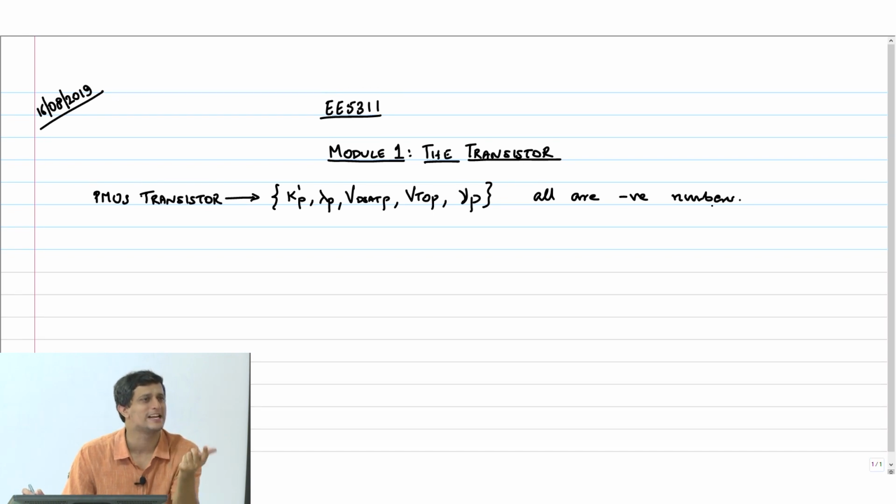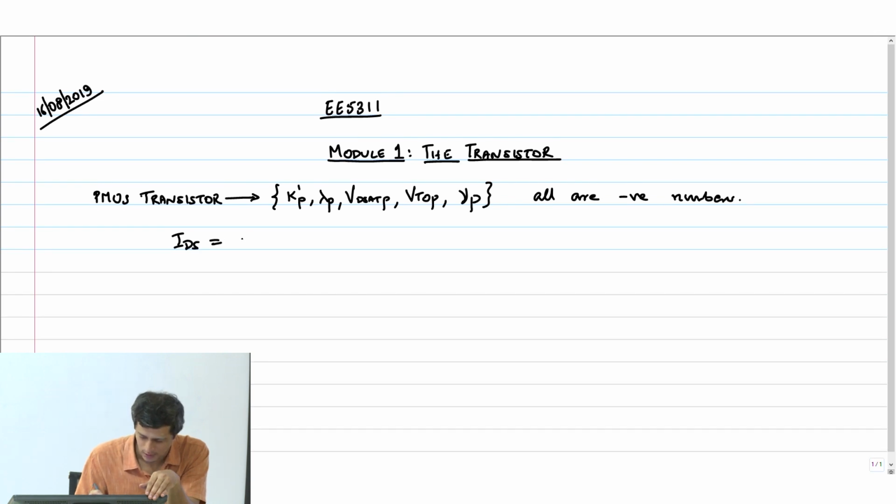I am looking at IDS, and remember we said that IDS was K prime W by L into V max into VGS minus VT minus V max by 2 into 1 plus lambda VDS.